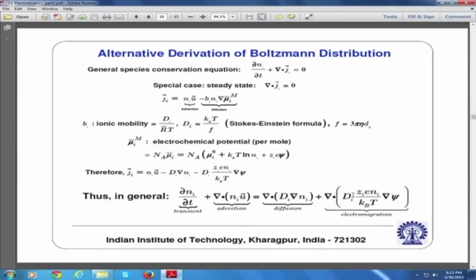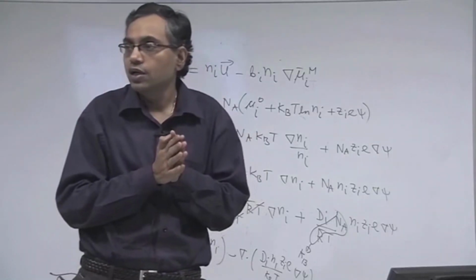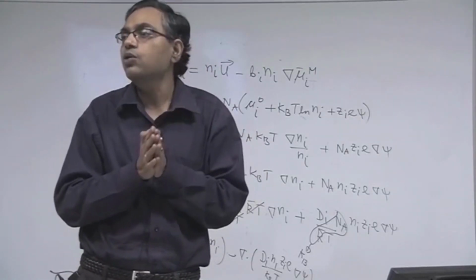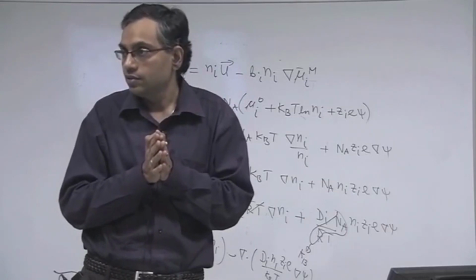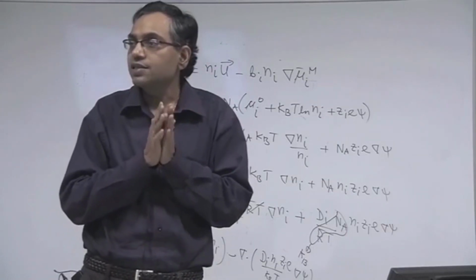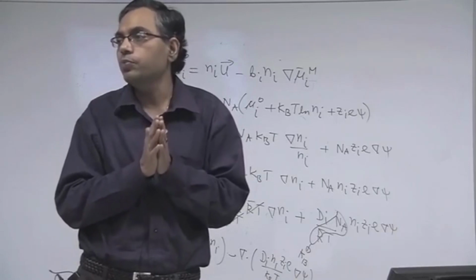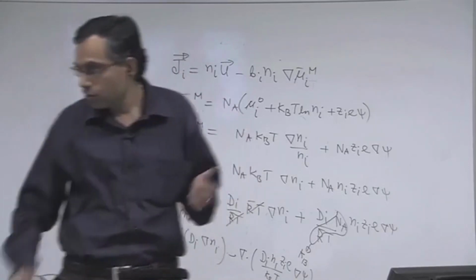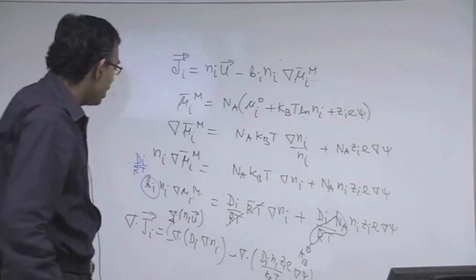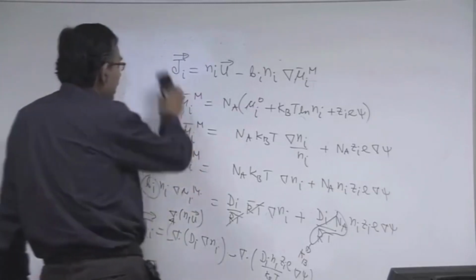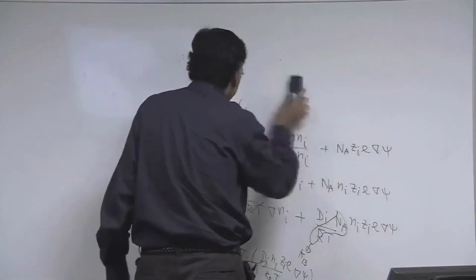Sometimes we simplify for solving a problem, but we must have a clear picture of what we should do if we want to generalize. Now for the special case when there is no unsteadiness and there is no fluid flow, this equation should boil down to the Boltzmann distribution, because that is the same form of the electrochemical potential that has been taken. So let us see how we can arrive at that conclusion.